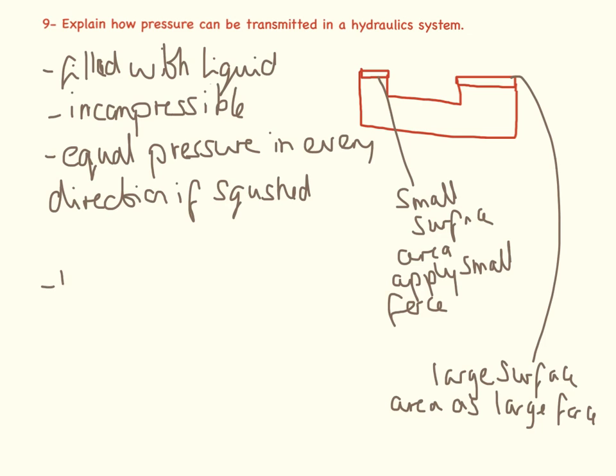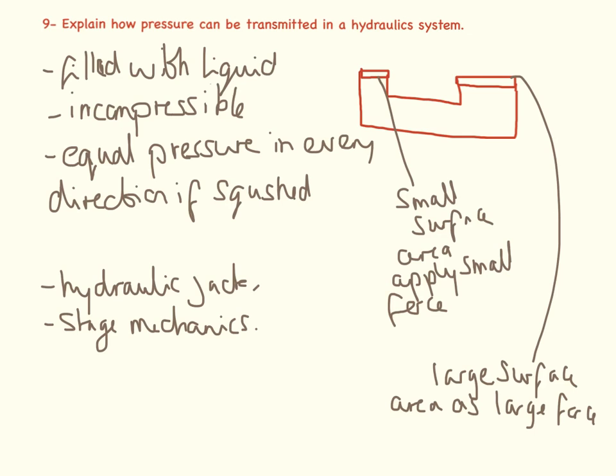And this is really good for things like hydraulic jacks in cars and in stage mechanics. If you want to be really fancy, you can put the equation in there, but a written question like this generally won't require that.